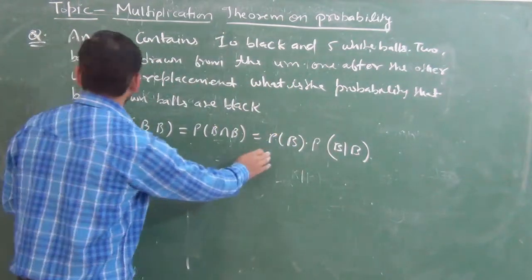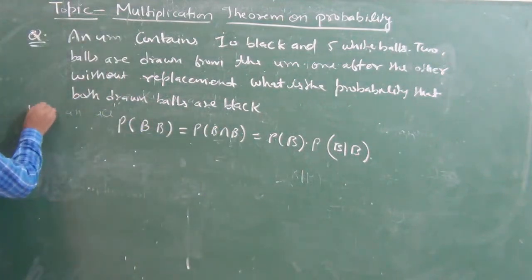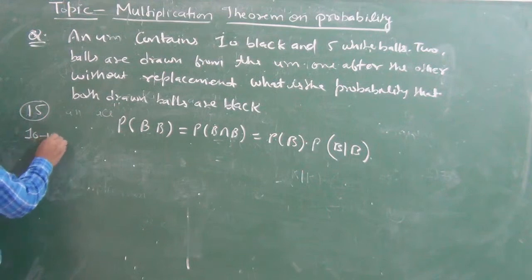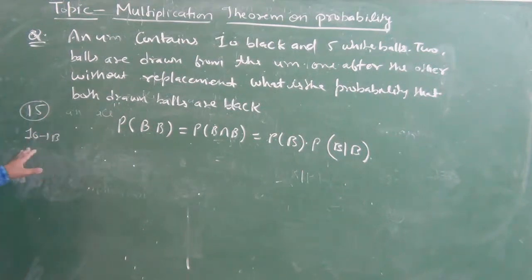So since we have in total 15 balls, out of which 10 are black, the probability of getting the first ball as black ball is 10 upon 15.